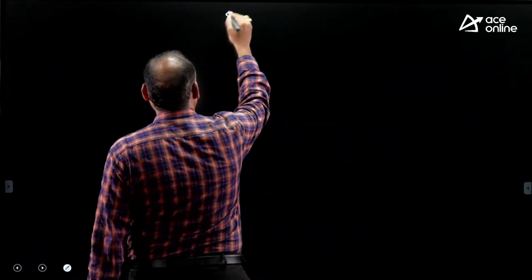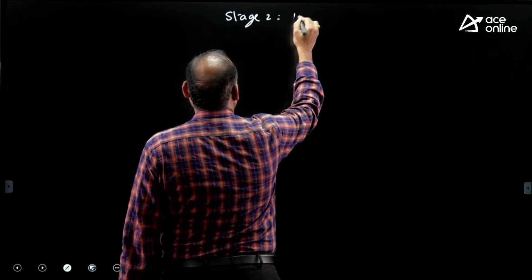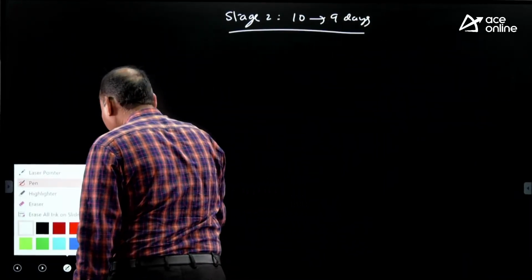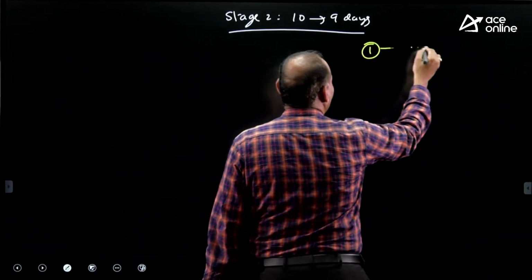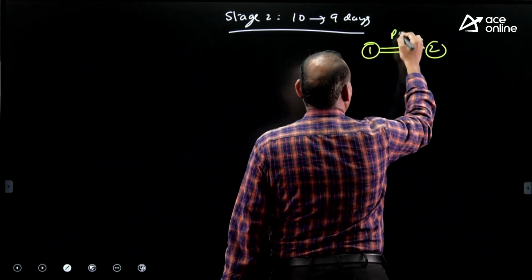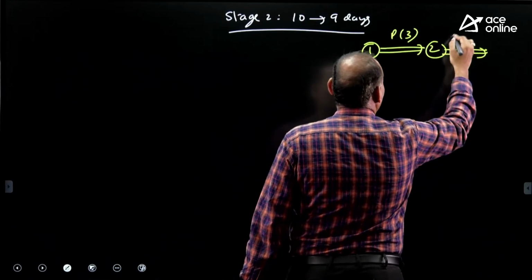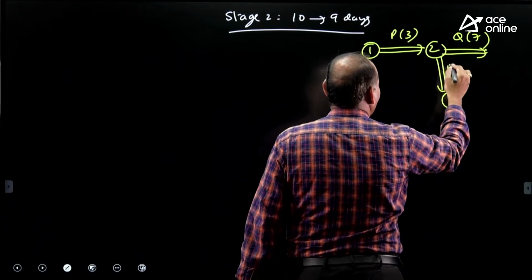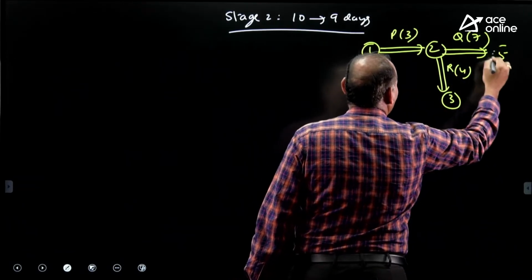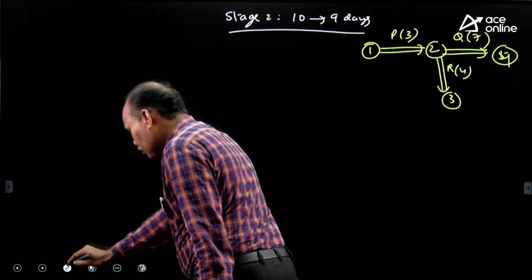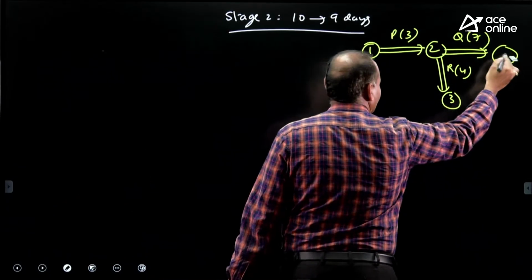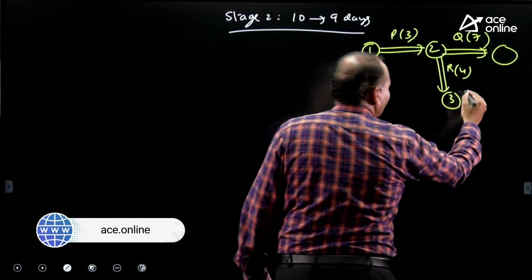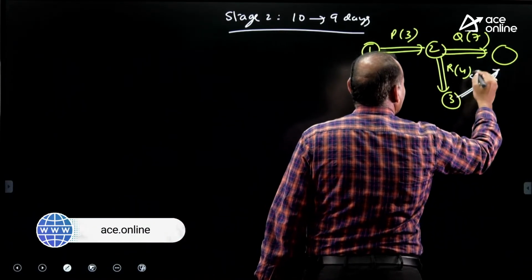Stage 2, 10 to 9 days. What is the diagram we had? 1, 2, P 3, Q 7, R 4, S 3.